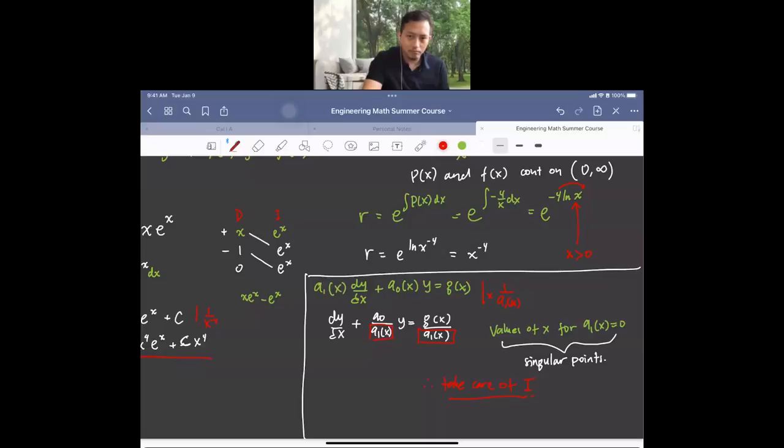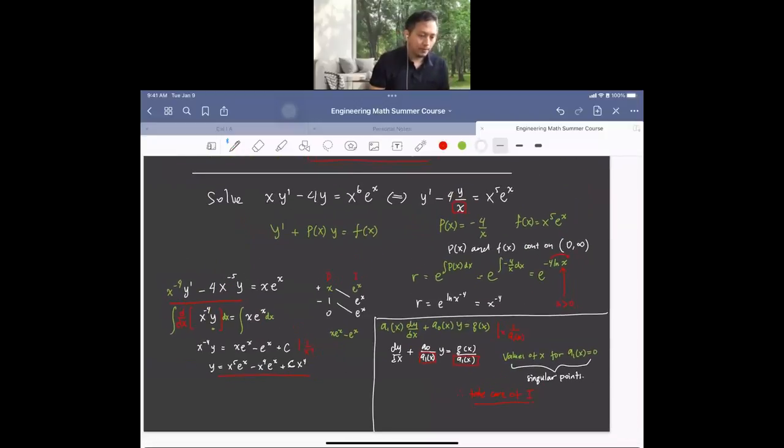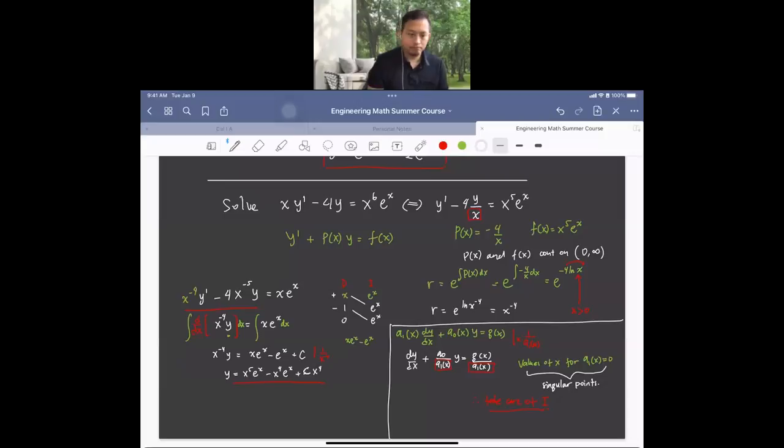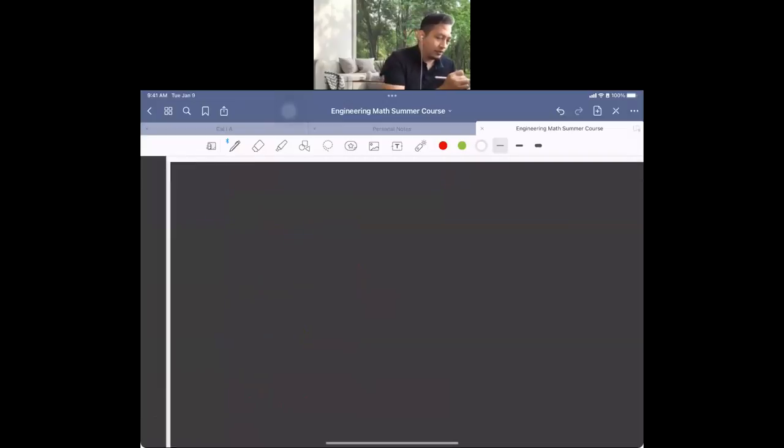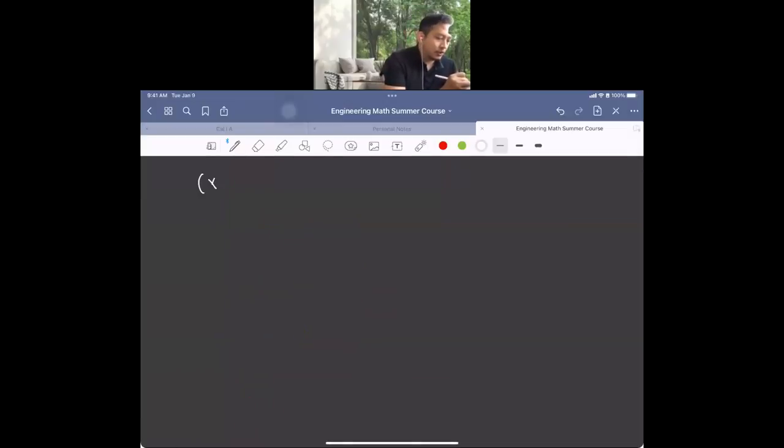Let me give you another note, another case. (x squared minus 9) dy/dx plus xy equals 0.